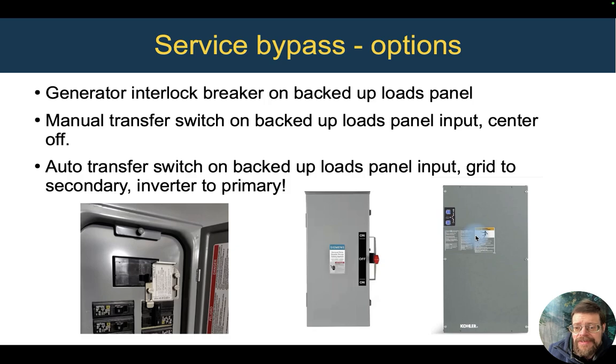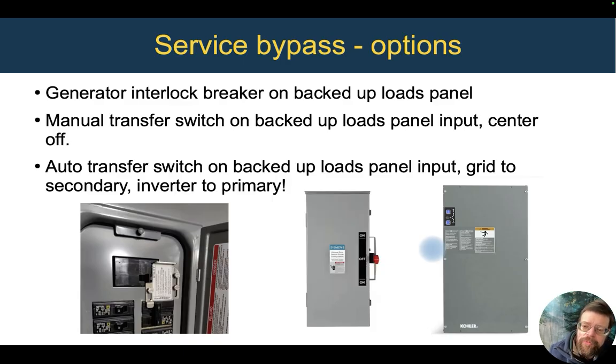Another way to do it is to use an auto transfer switch that we would typically use with a generator, only we wire it a little differently. We need the type of auto transfer switch that can operate without a generator. The Kohler RDT series is one that I've been using.